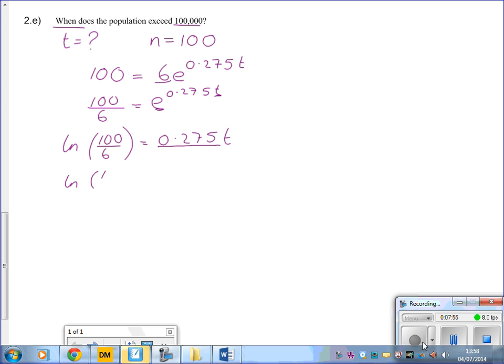If I'm moving it to the other side, I'm going to do the opposite thing. The opposite to multiplying by it is dividing by it to find t. Put this in my calculator, get t equals 10.23. So when does a population exceed 100,000? 11 days.